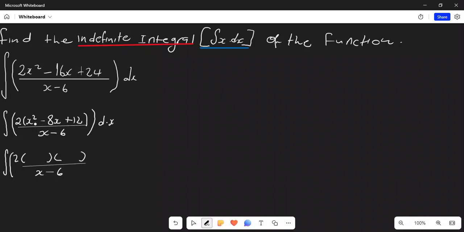Now let's look at our bracket there. What is inside here? So when you factorize, we know that the factors of x squared are x and x. When you multiply x and x, you'll get x squared. Now that we have negative and positive here, if you remember factorization, when the first sign is negative and the last sign is positive, this means inside the bracket we have negative and negative.